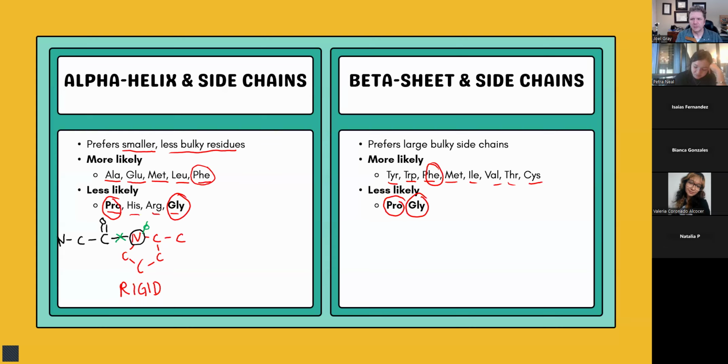Now, glycine. Okay, so proline is super rigid. Glycine, by comparison, I always remember this from when I was a graduate student. I'd give quizzes, and I remember this as just a big, goofy mistake by me. One of the quiz questions was draw an amino acid, any proteinogenic amino acid. And you know what I got more than anything else? I got this right here.